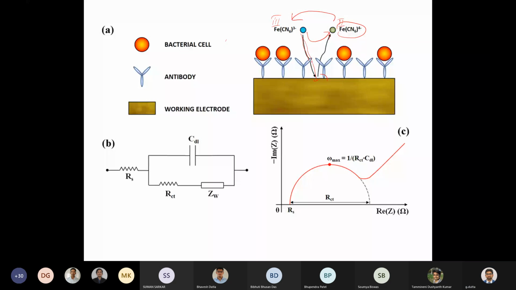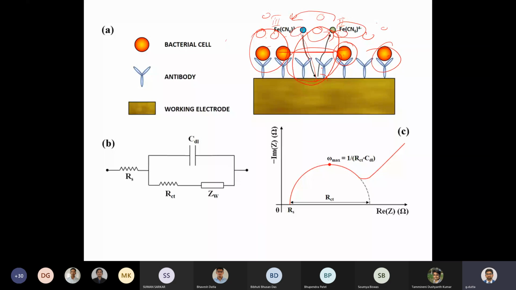Now see, you can see here 1, 2, 3, 4 targets here, and this space you can see. I saw here only one, but there is lots of Fe3+, Fe2+, right? Lots of potassium ferrocyanide, ferricyanide. In this area only, electrons can flow, but in other areas electrons cannot flow because they are blocked.